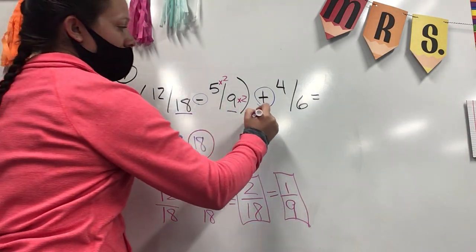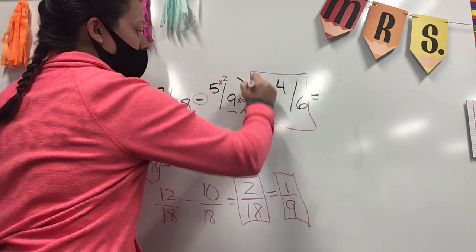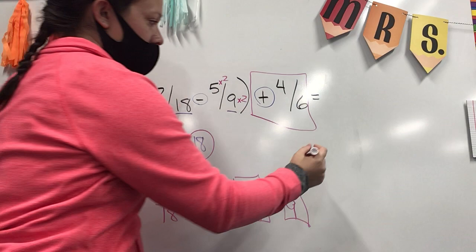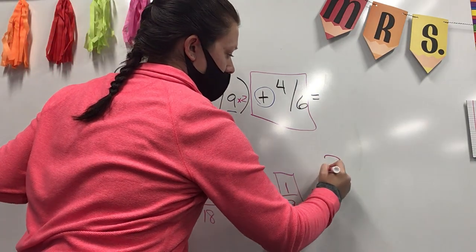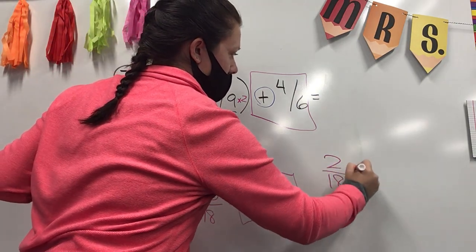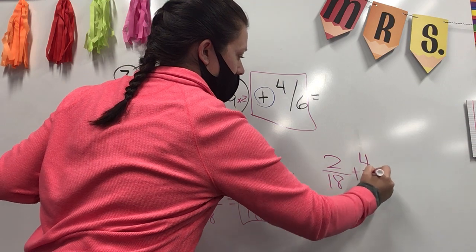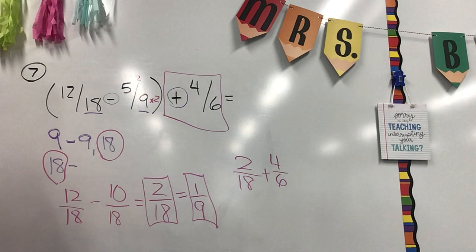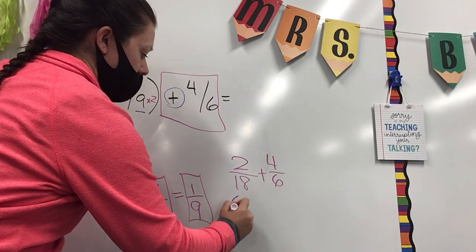But we know our last step here is that we need to add 4/6. So let's work with the 2/18, just because that's what I'm picking. 2/18 plus 4/6. Do they have like denominators? No. Can anybody recognize what it's going to be?